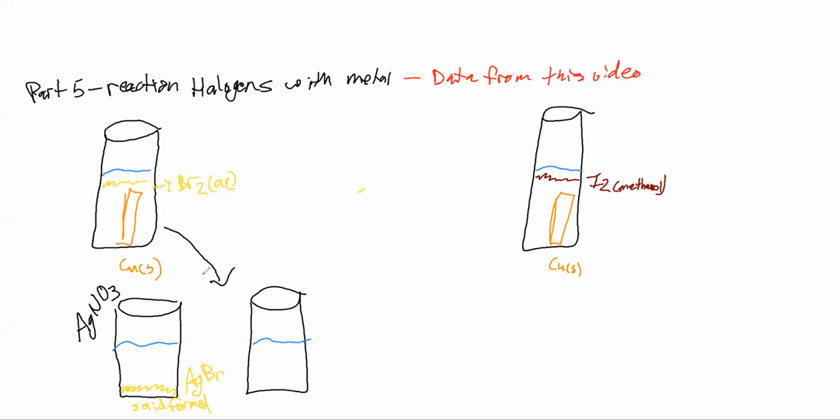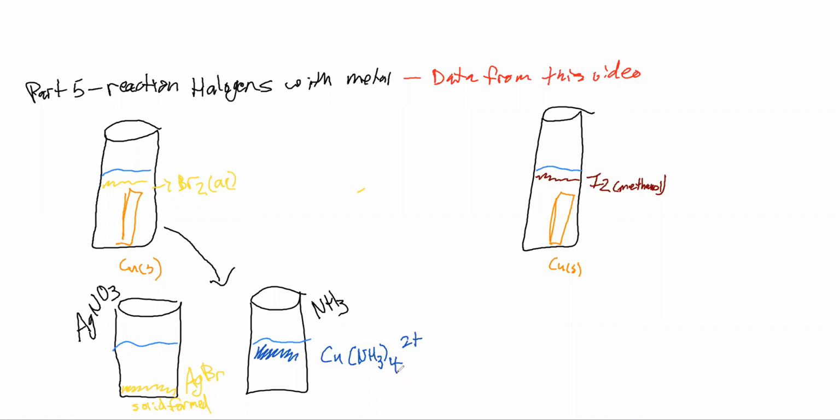In our second test, we're adding in a lot of ammonia. What we're looking for is this solution to turn blue, because if it turns blue, then we're making this complex ion, the copper ammonium complex.